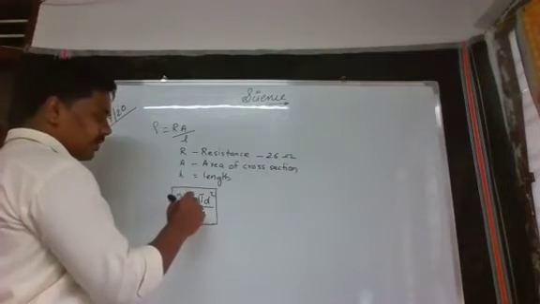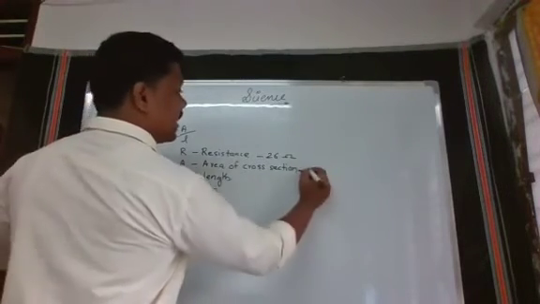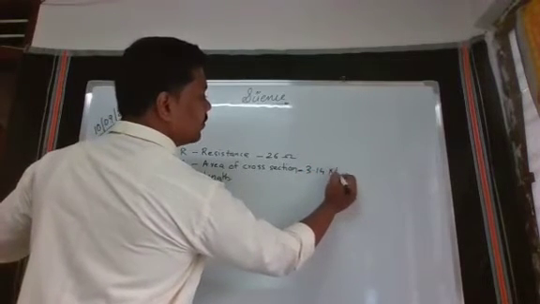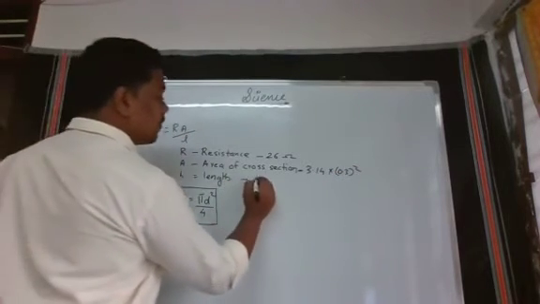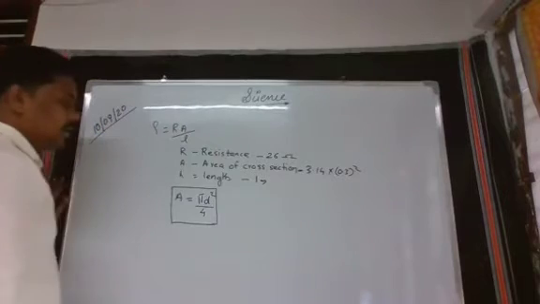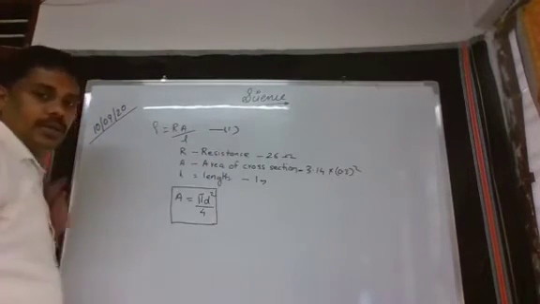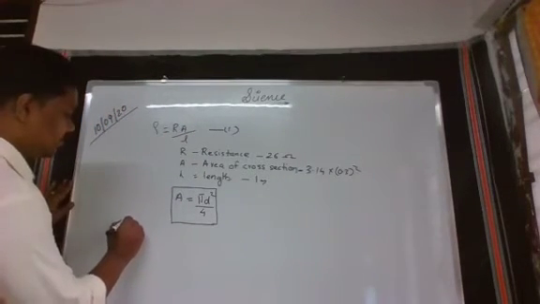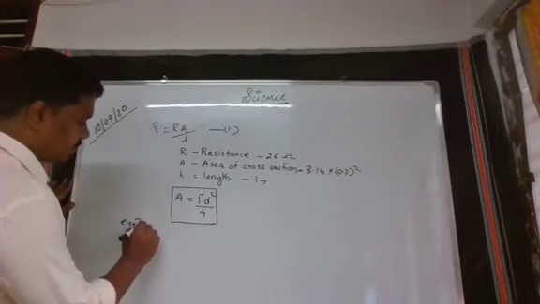For that we give the values: pi is 3.14 and d square is 0.3 whole square. Then length is 1 meter. This is equation 1, and in equation 1 we are substituting this value.